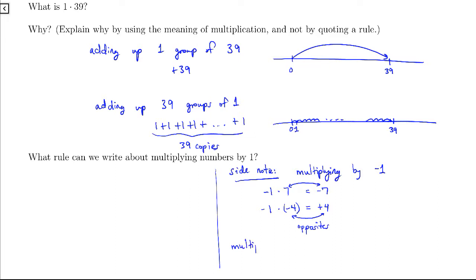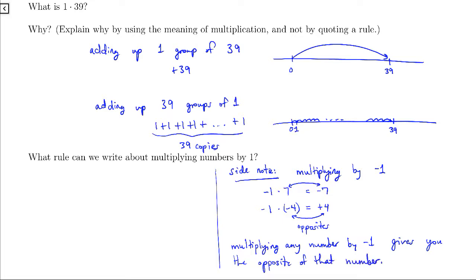Multiplying any number by -1 gives you the opposite of that number.